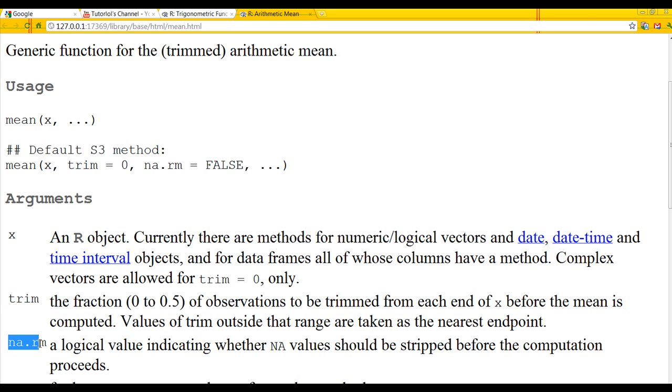And NARM, a logical value indicating whether NA values should be stripped before the computation proceeds. So NA, I believe, stands for not available. So sometimes when you do a calculation, some of the data won't be available, and if you put that into this mean function, you might have problems because it gets confused if some of the values are so-called NA.